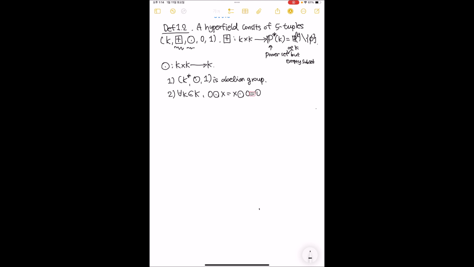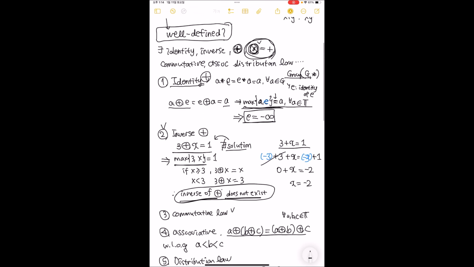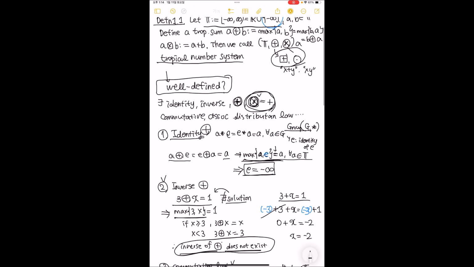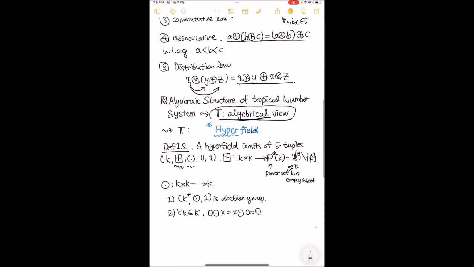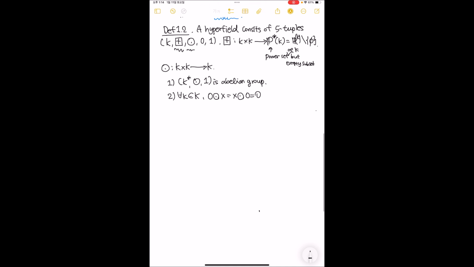But note that when comparing with the tropical summation, that is a function, which is not quite different.